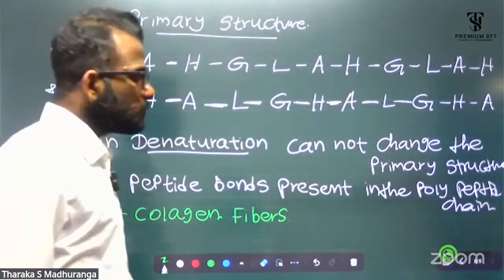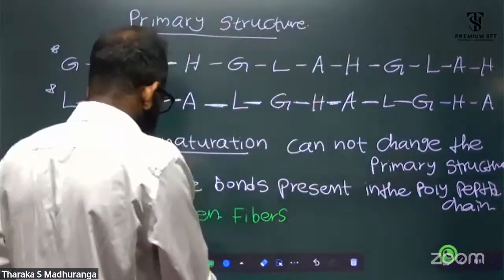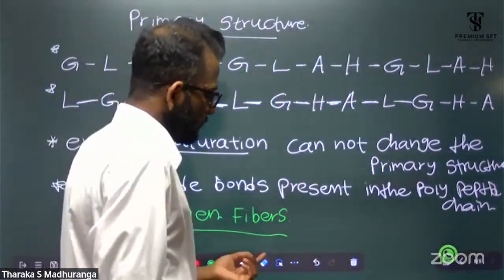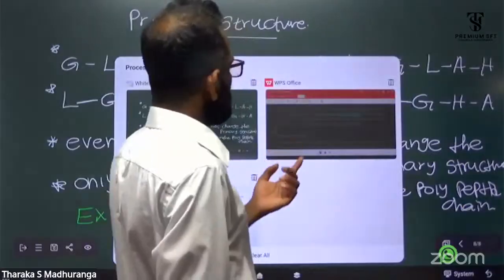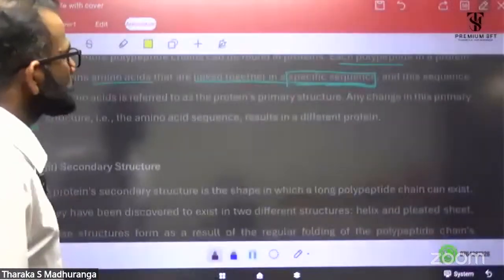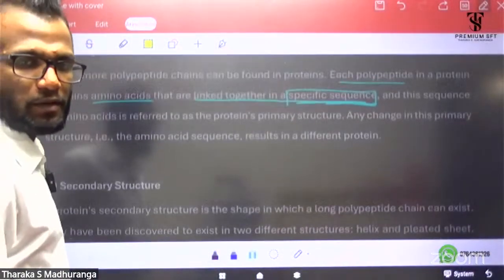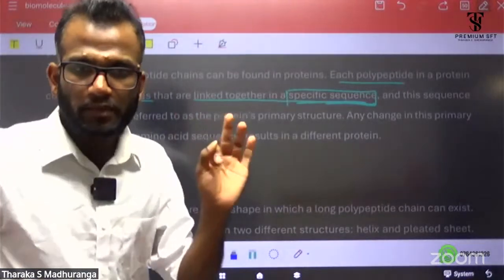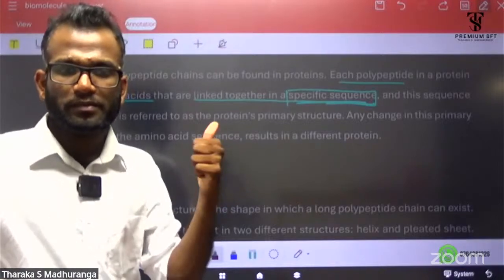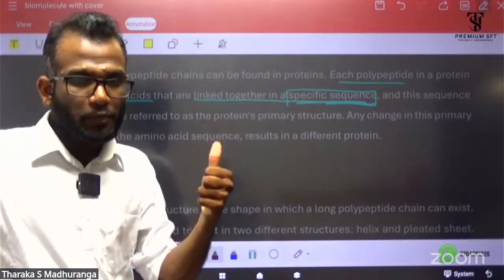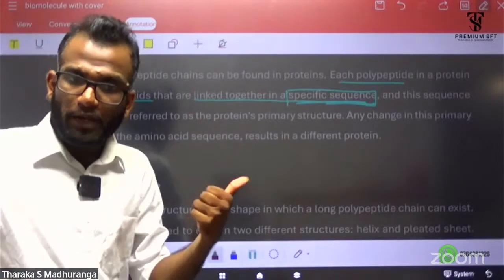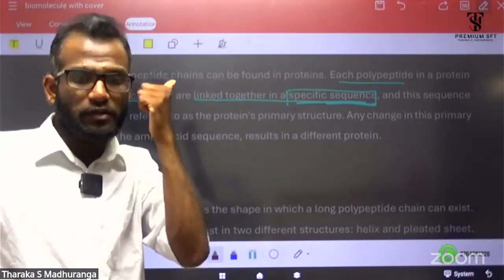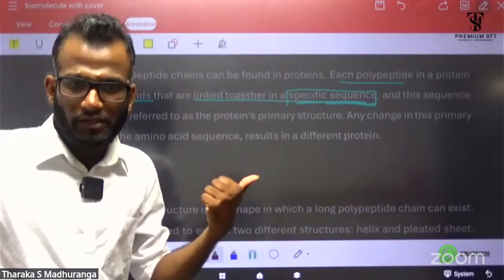Okay, write down this example as well: collagen proteins. Only three points you need to remember about primary structure. What is the first point? The polypeptide chain, amino acid sequence, we call a primary structure.